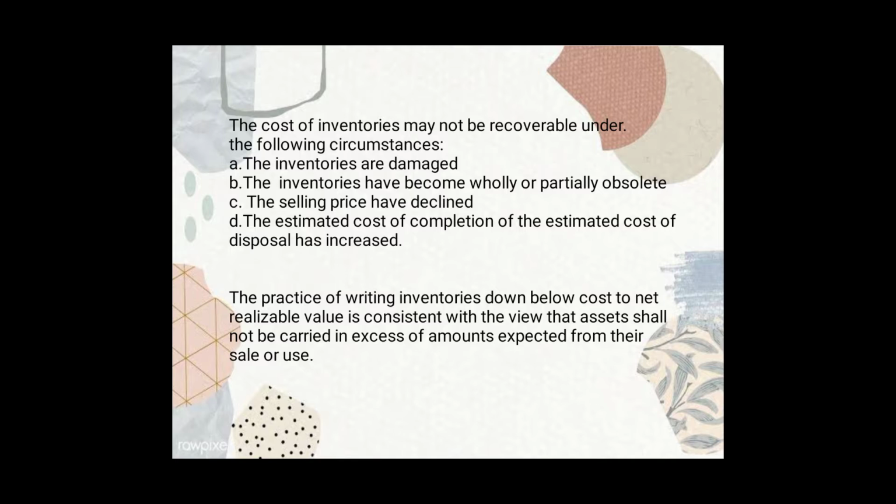So, yung selling price niya nag-decline from 30 pesos. Kung pumili ka ng 30 pesos, ibebenta mo sana, pero biglang nag-drop ang price sa market, lugi ka. So, ang value ng inventory, ibababa mo siya ng 20 pesos. Yung 30 minus 10, yung 20 papasok siya sa inventory loss, magiging expense na siya.